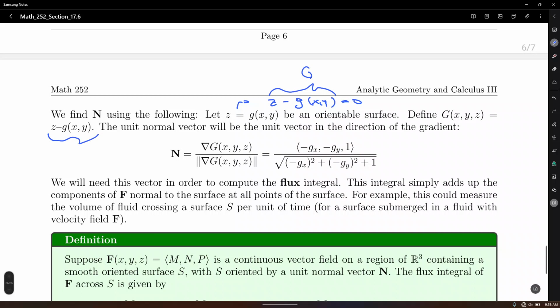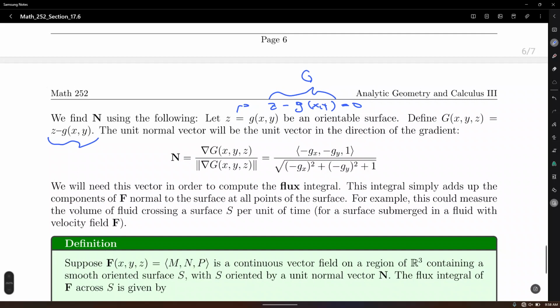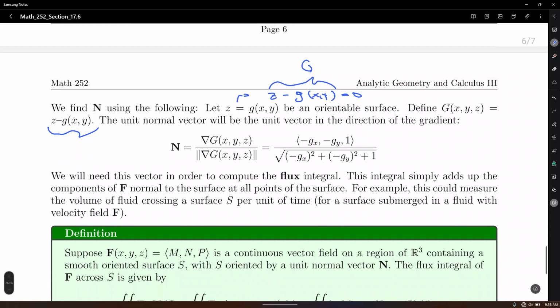How do we get the unit normal vector in the direction of the gradient? Well, just take the gradient and divide it by its magnitude. Didn't we do that at the end of chapter 15, when we discussed everything about partial derivatives? Let's find the gradient of this function. The gradient is the partial derivative of the function with respect to x, that's negative g sub x, the partial with respect to y, negative g sub y, and the partial with respect to z.